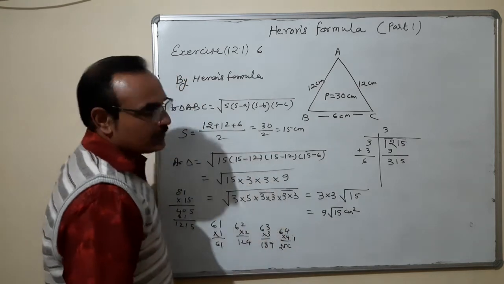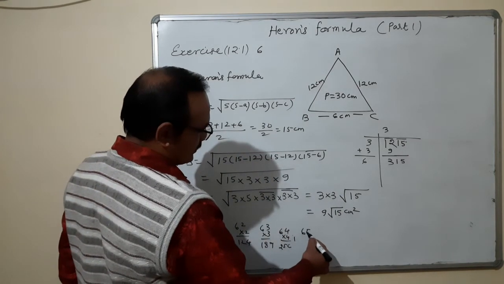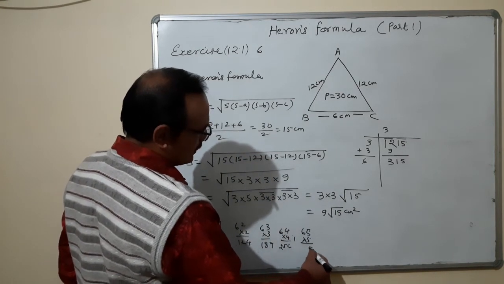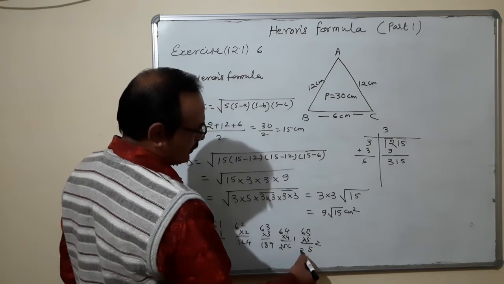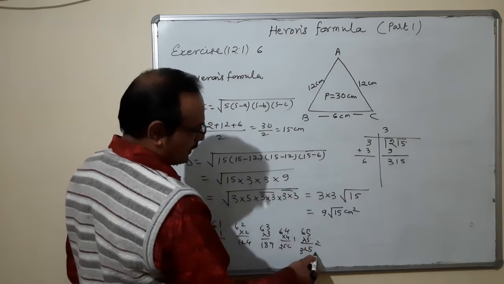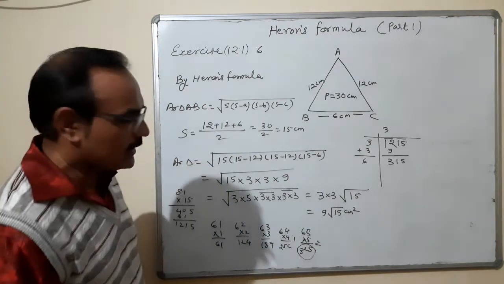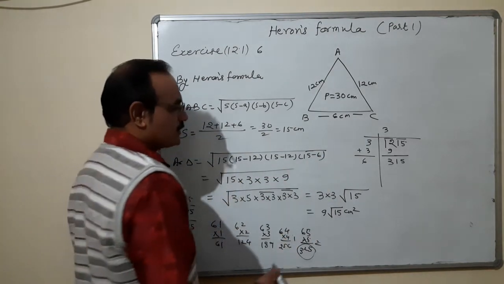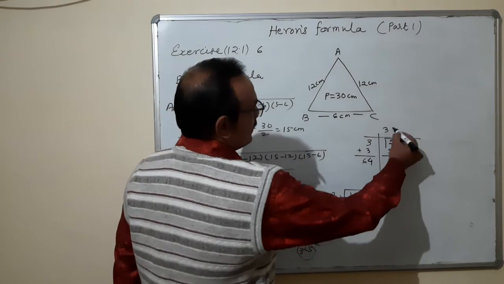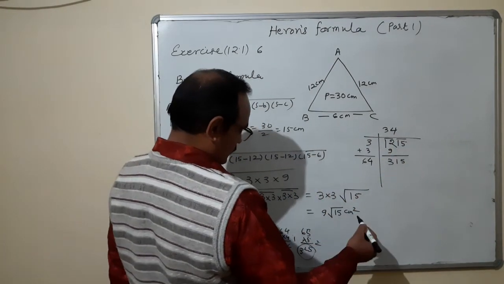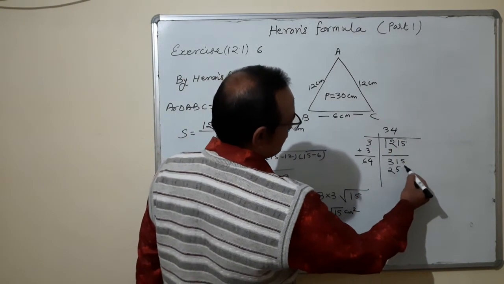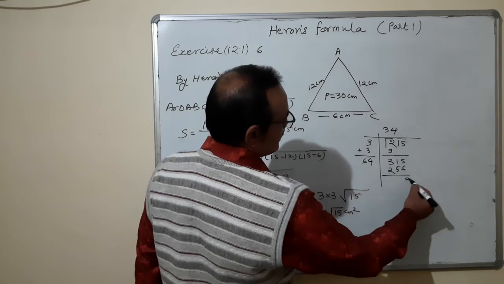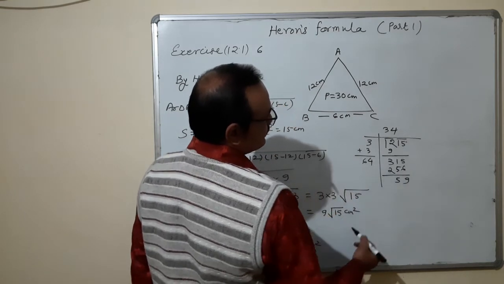We are reaching very close to 315. 6 with 5 multiplied by 5, 325. But 325 is more than 315. Therefore the correct term is 64 and 4. So here 4, and 256 is here. 315 minus 256 is 59.